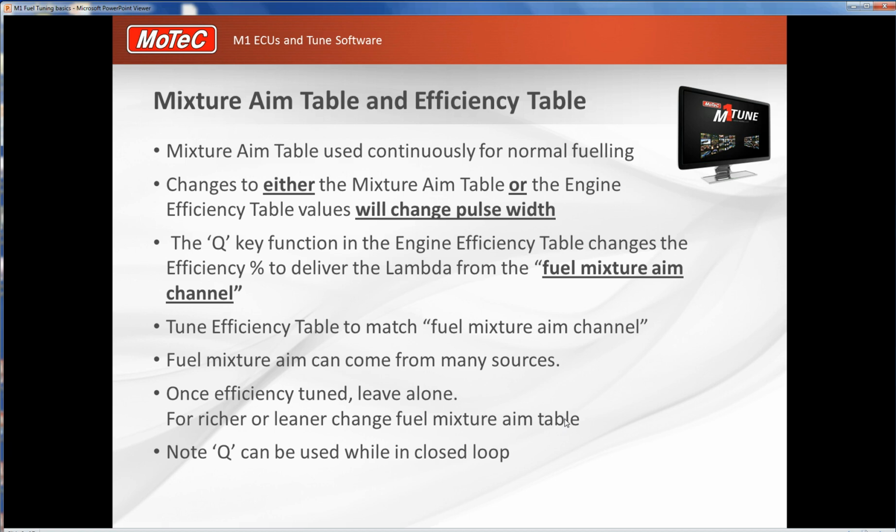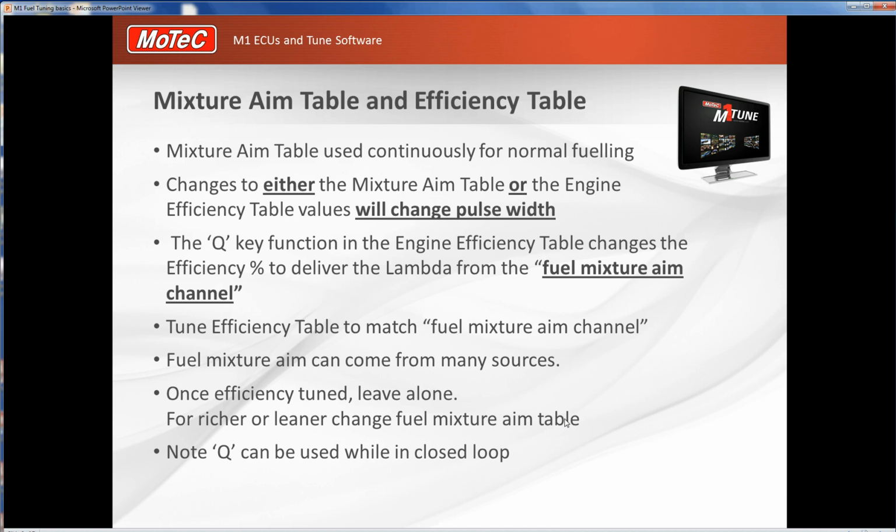Later, in future webinars, we'll be able to show you the real difference that happens when you get all this right at the beginning. So what it means is that you can change your engine to be richer or leaner, not by changing the efficiency table, but just simply by changing the fuel mixture aim.